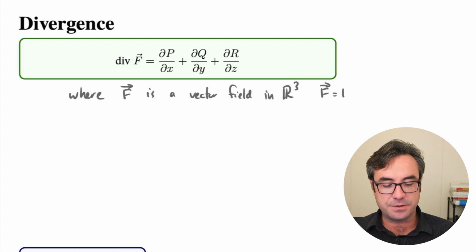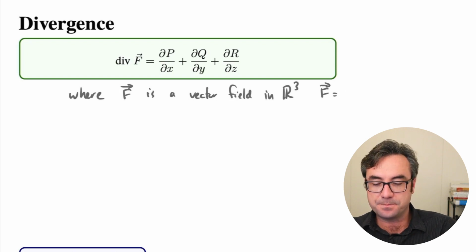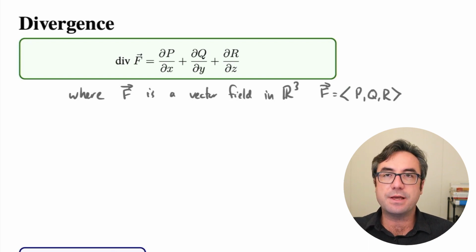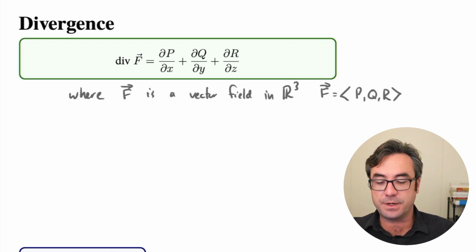So our vector field here has components P, Q, and R.